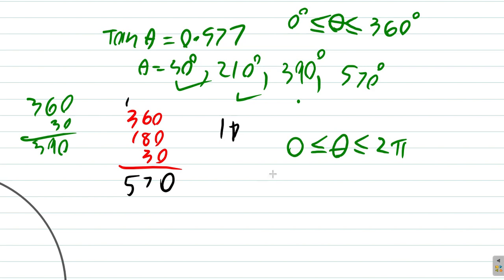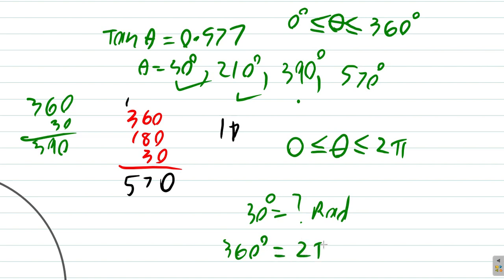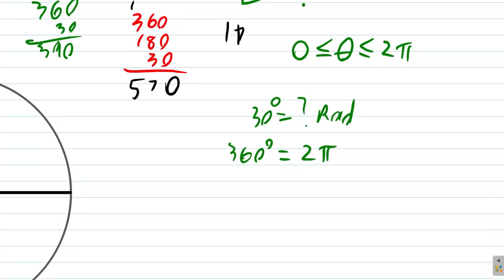But if you want to convert from radians to degrees, let us do that quickly. 30 degrees equal, we don't know how many radians. However, we know that 360 degrees is equal to 2 pi radians. We divide by 360 to get 1 degree equal 2 pi over 360 radians.